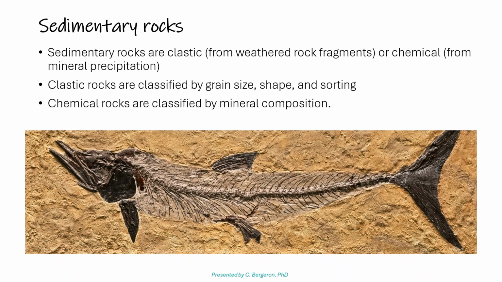And then your chemical rocks form from mineral precipitation. Because of this, clastic rocks and chemical rocks are classified a bit differently. Clastic rocks are classified by their grain size, their shape, and their sorting, and chemical rocks are classified by their mineral composition.